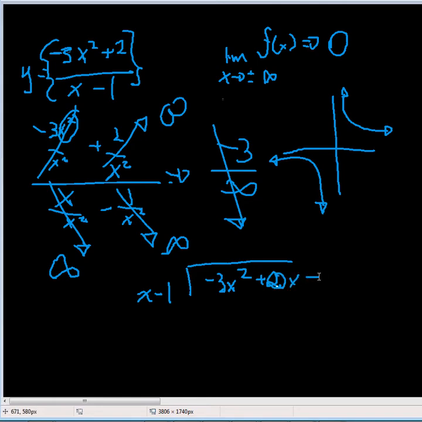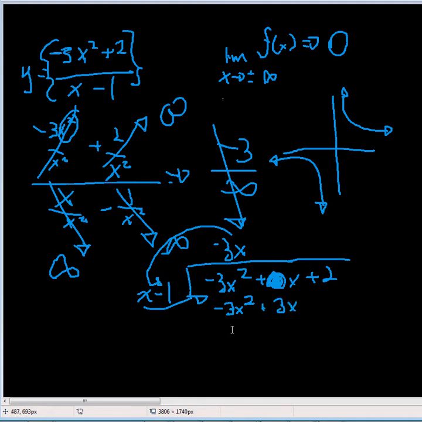That's a 0. Okay, sorry, it's messy. So x goes into negative 3x squared negative 3x times, and negative 3x times x makes negative 3x squared, and negative 3x times negative 1, well, that's just plus 3x, right?